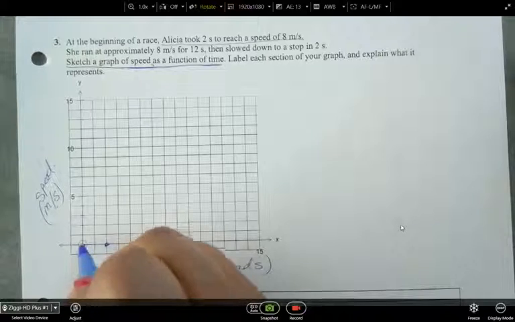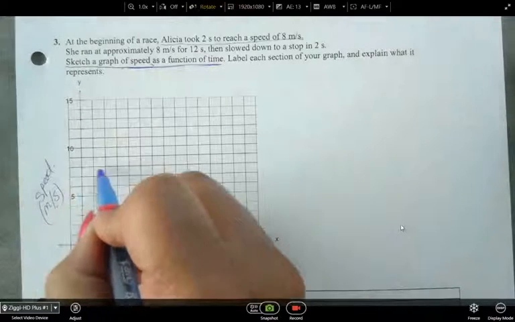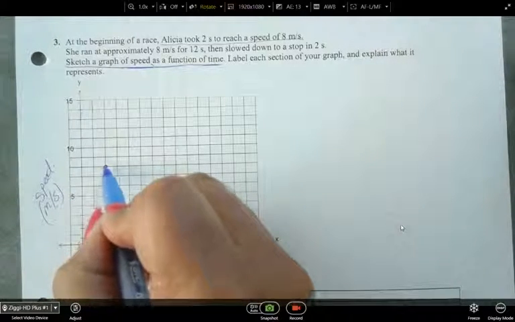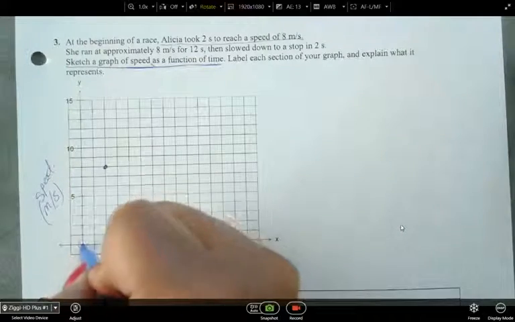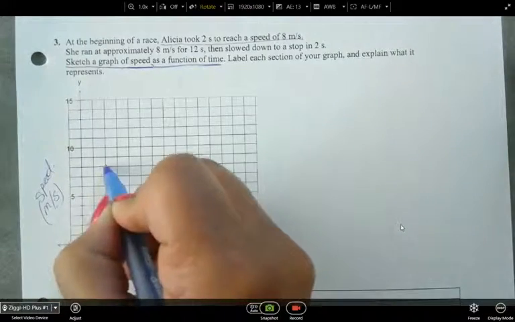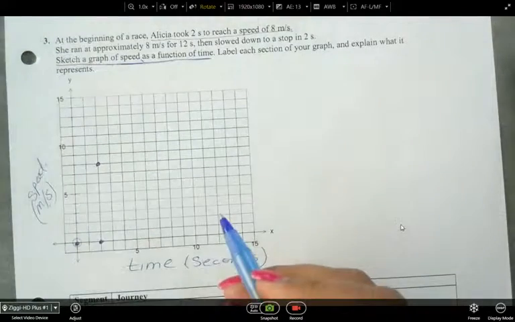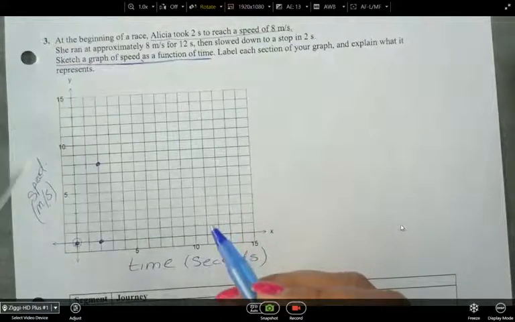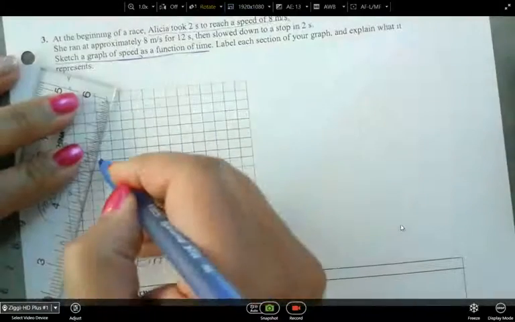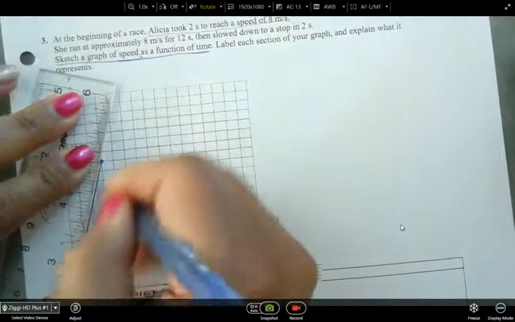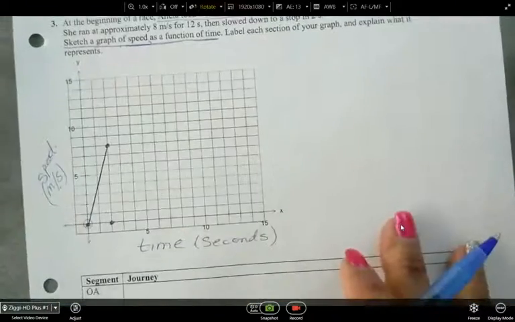And then she gets up to 8. So then it takes her 2 seconds to get from here to there, from 0 meters per second to 8 meters per second. So that's going to be our first line. Grab a ruler, draw the line.